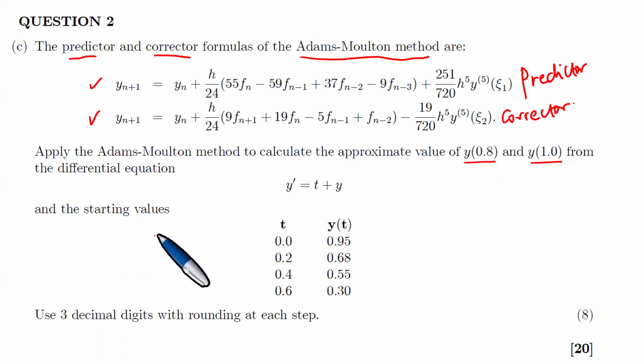The starting values are the following: y at t equals 0.0 is 0.95, at t equals 0.2 is 0.68, at t equals 0.4 is 0.55, at t equals 0.6 is 0.30. Use 3 decimal digits with rounding at each step. Let us learn the methods here and appreciate the Adams-Moulton method, a very examinable method.